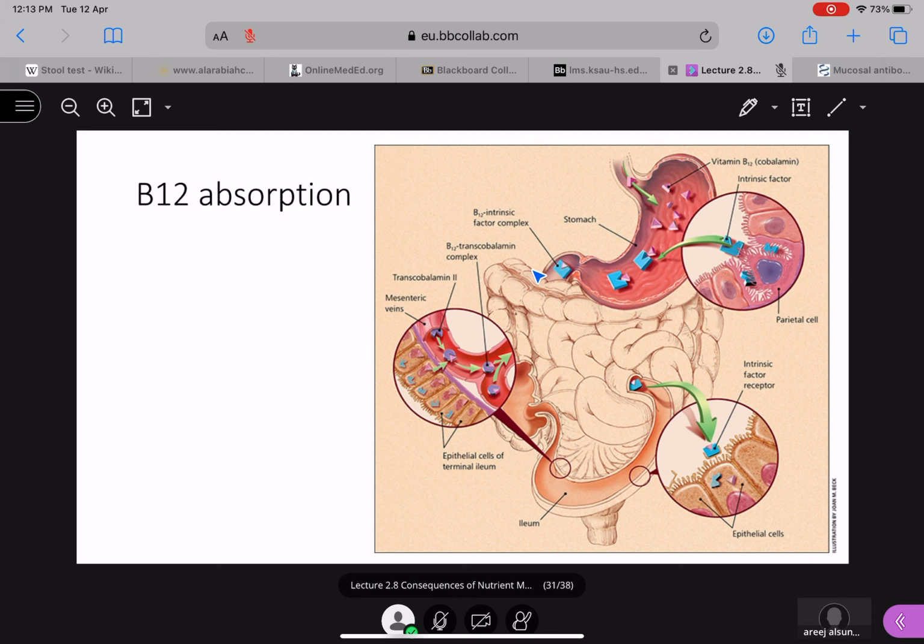Then this will move all the way down to the terminal ileum. In the terminal ileum, the B12-intrinsic factor complex will attach to the enterocyte, and then the B12 will be released into the enterocyte and then into the circulation. So B12 absorption happens in two steps, in the stomach and then in the terminal ileum.